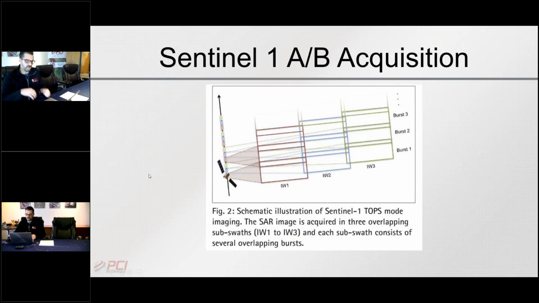So these are the characteristics. This is an illustration from the European Space Agency that shows the antenna swinging pattern, where the illumination happens across multiple swaths, and it also happens across multiple bursts.